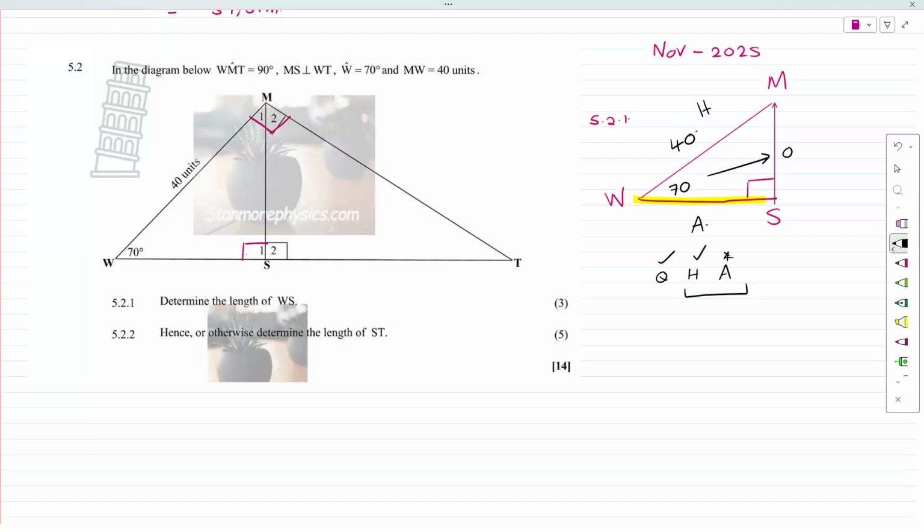In terms of SOHCAHTOA, remember, we need to remember that A and H is cos. So cos of 70 equals A over H, which is 40, and A equals 40 times cos 70.